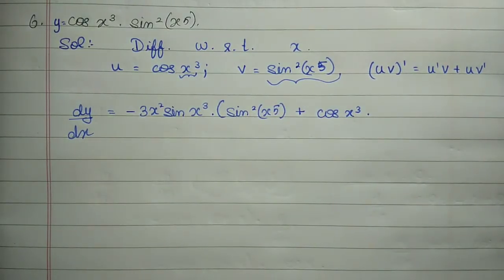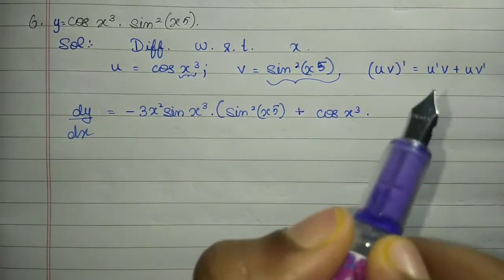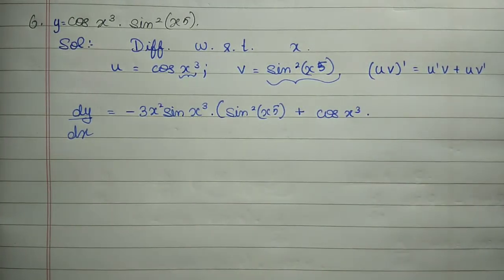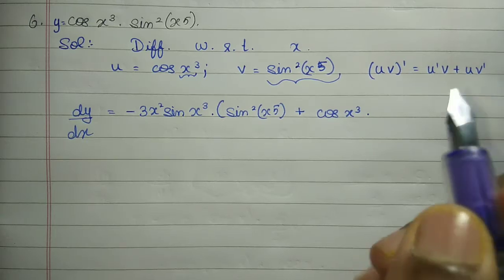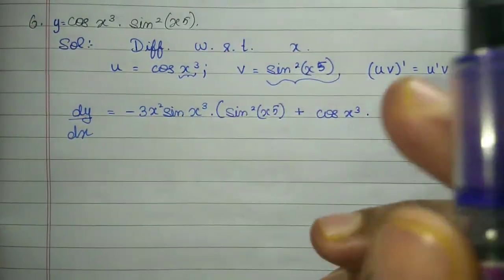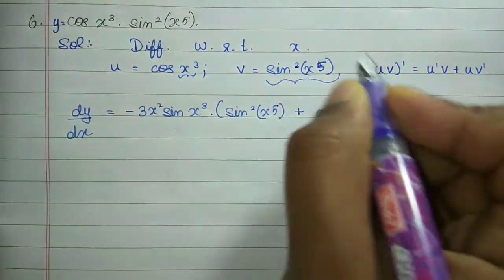We have learned the derivative formulas only for power 1, that is d by dx of sine theta or d by dx of cos theta. We have not learned d by dx of sine square theta. So you have to remove the power. In order to remove the power, first you will bring the power to this side.